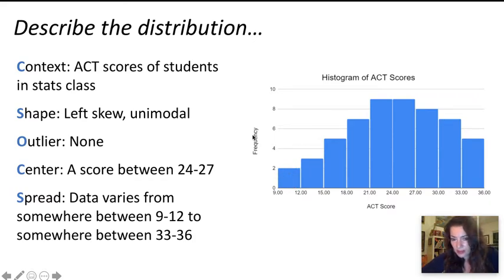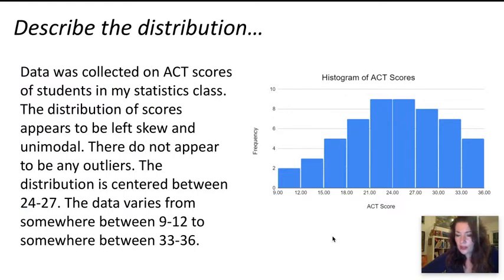If I'm given a table, I would be able to tell the exact scores between 9 and 12, but I do not have a table of the data, so all I know is the 2 scores are somewhere between 9 and 12. Just like there are 9 scores between 21 and 24, but I have no clue if it is 23, if it is 22, maybe all of them are 22. We don't know that unless we actually see the table.